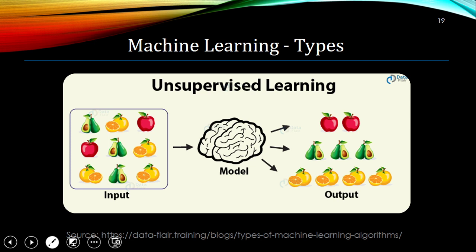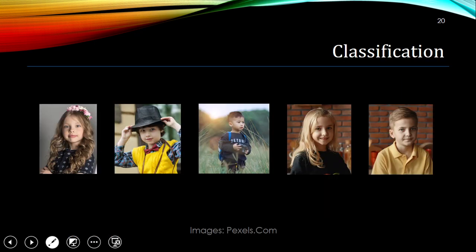Let's see one example for a supervised learning classification problem. Let's imagine these are the images fed into a system. The system has learned its model already, and now it has to label whether these images belong to a male or female.